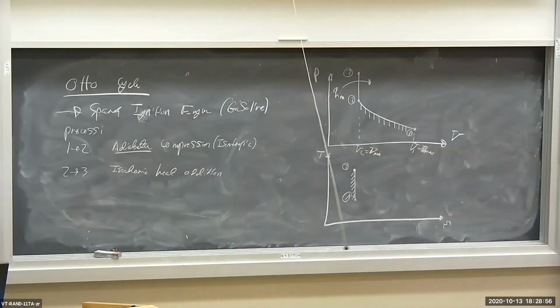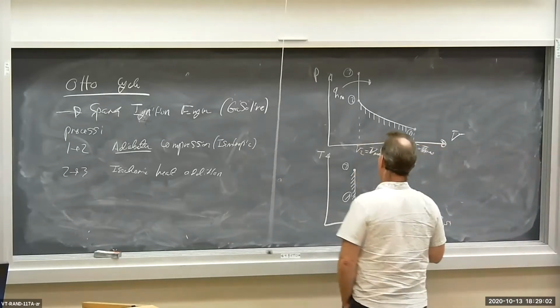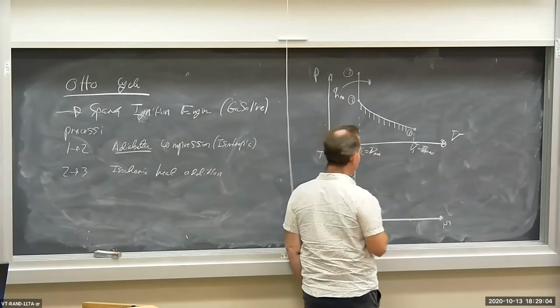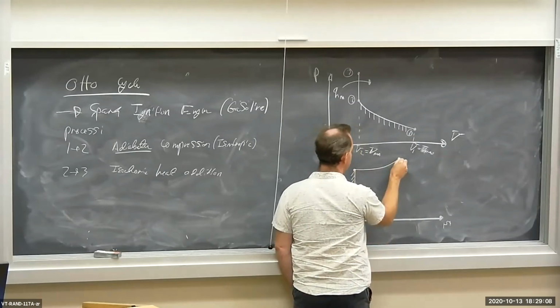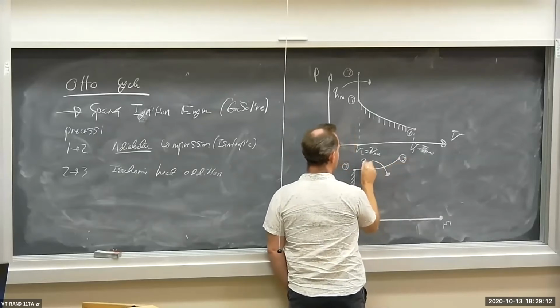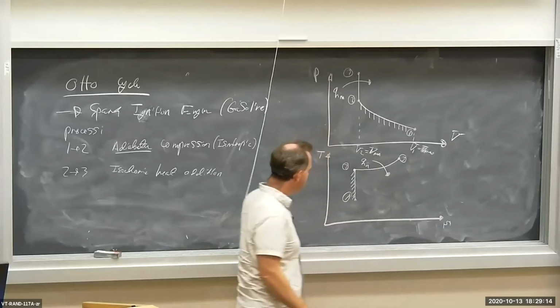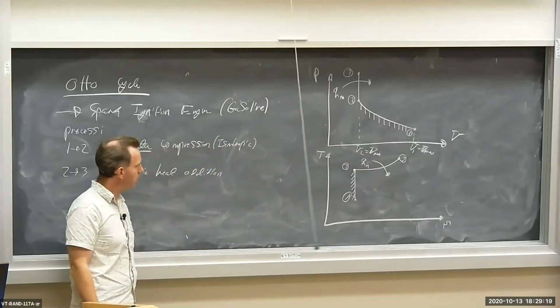Why is entropy going up from state 2 to state 3? Because heat brings in entropy with it. So we're adding heat, therefore we're adding entropy. Temperature and entropy increase. And then we end up at state 3. So Q in, okay? Q in 2 to 3.